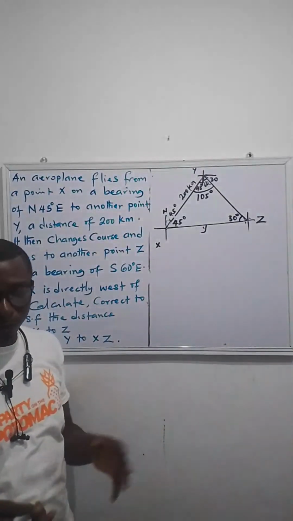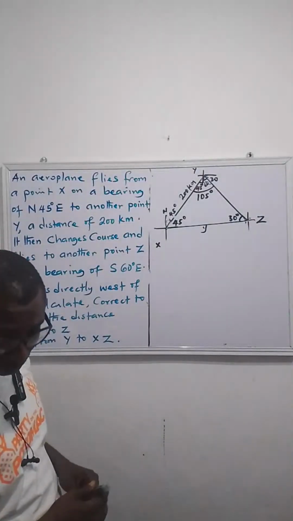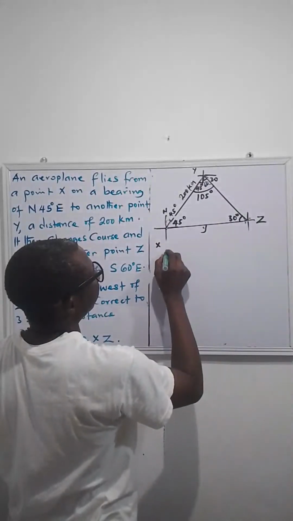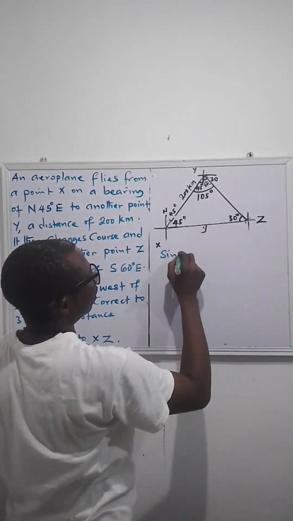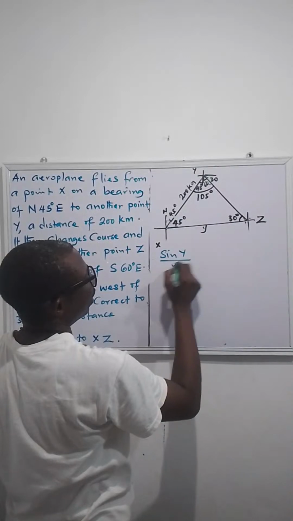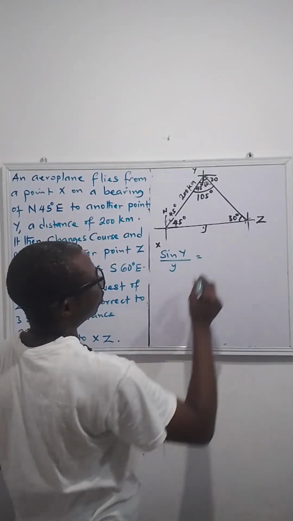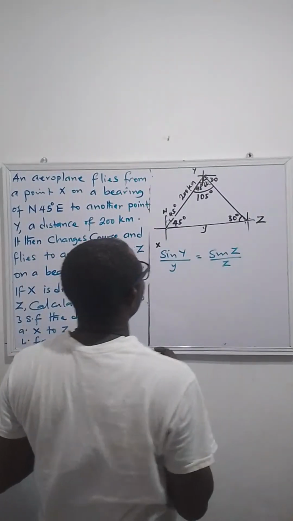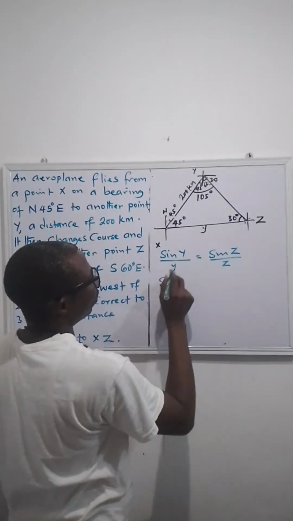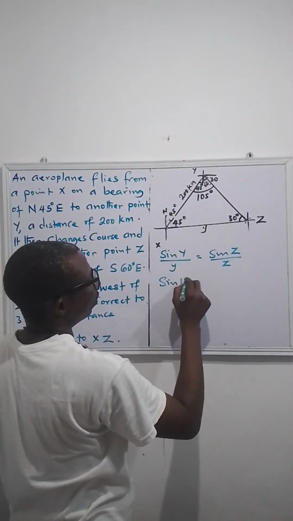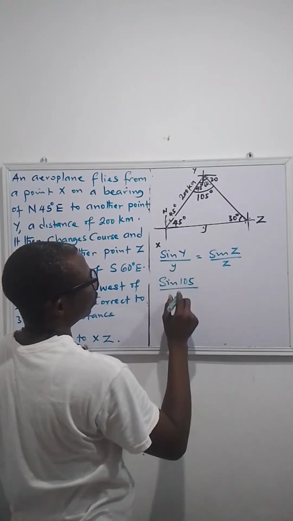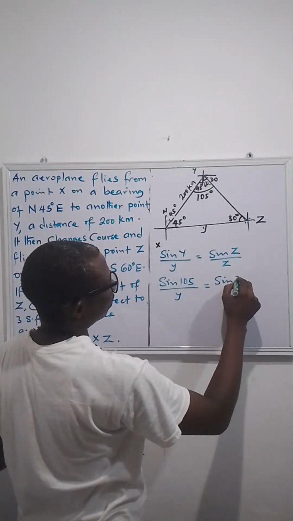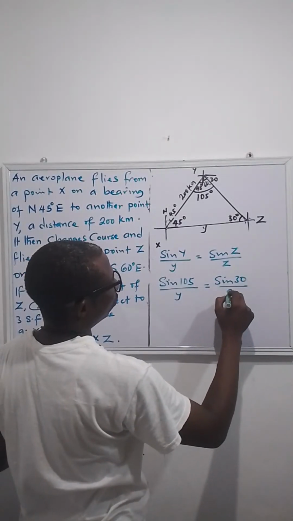We're going to make use of our sine rule. We have sine y over side y equals sine z over small z. So sine y, what is y? Y is 105, over small y, equals sine z, that's 30 over 200.